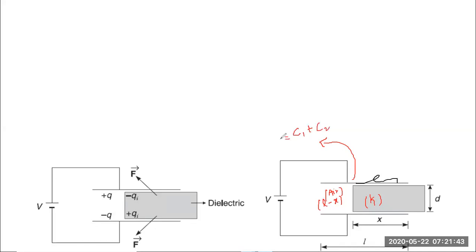I repeat, friends, you can treat the effective capacitance of the given system as the combination of two capacitors connected in parallel. C1 is a capacitor filled with air of gap L minus x, and C2 is a capacitor filled with dielectric.